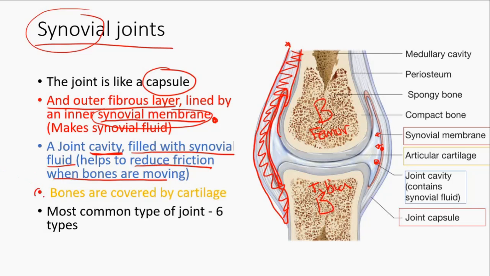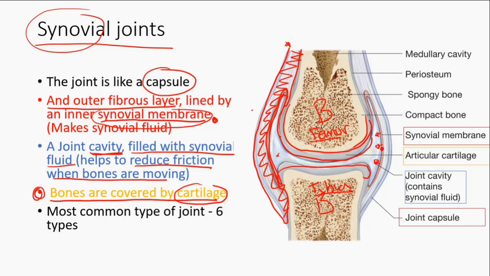The third important structure of the synovial joint is that the bones are covered by a cartilage. So here you have your tibia, here you have your femur. Both of these are covered by a cartilage, and again it acts as a kind of protection for the bone, because even though there is a synovial cavity, you still want a kind of helmet for the bone.